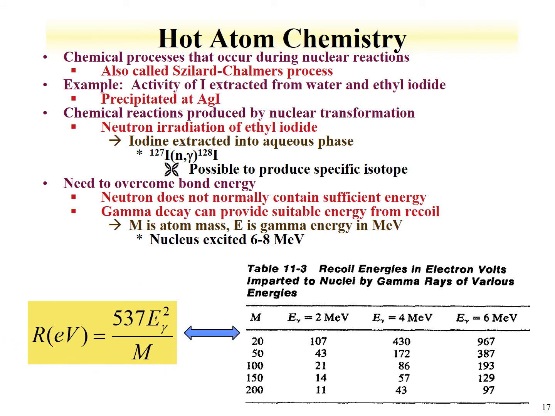And if we look here at the table that's taken from Nuclear and Radiochemistry, we get the recoil energies in electron volts imparted to nuclei by different gamma energies for different masses. Remembering that we don't need that much energy, depending upon the gamma energy, to achieve a breaking of a chemical bond, since chemical bonds are only on the order of tens of electron volts.